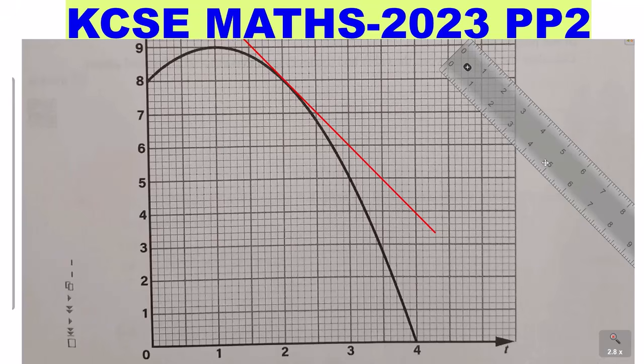So how do we get the gradient of that line? By simply picking any 2 points on that line. So I'll pick those 2 points.